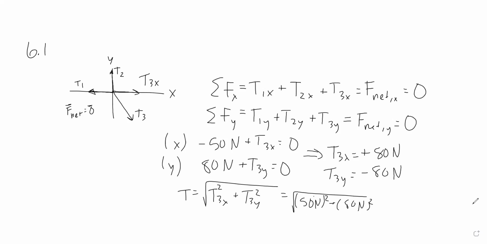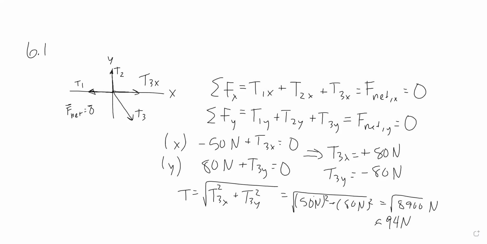So the square root of 8,900 newtons, which is really 10 times the square root of 89, factoring out the 100. What's the square root of 89? It's about 9.4, so I would say this is about 94 newtons.